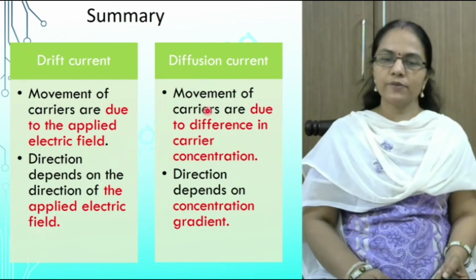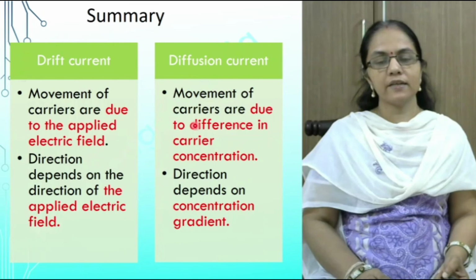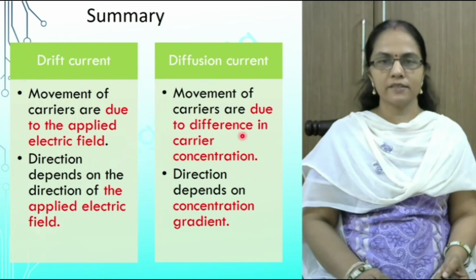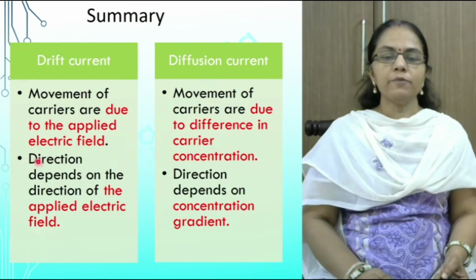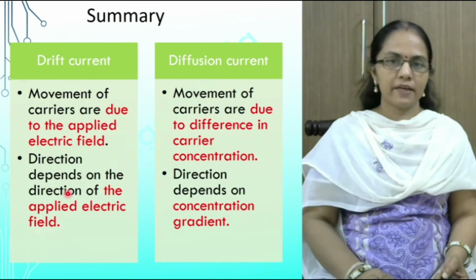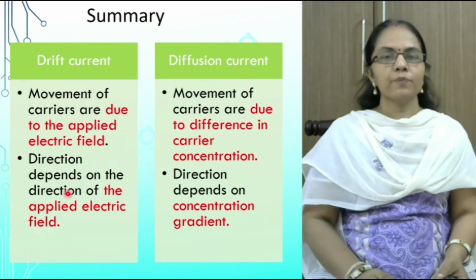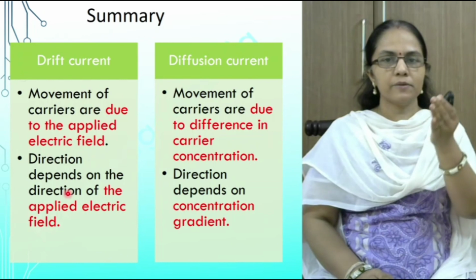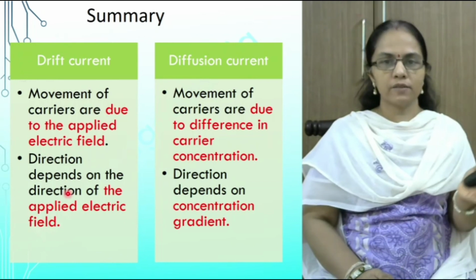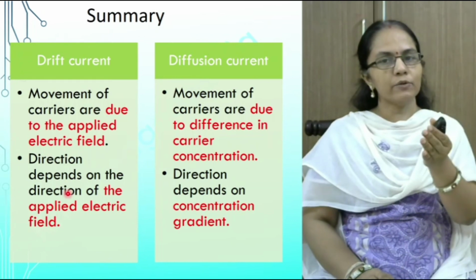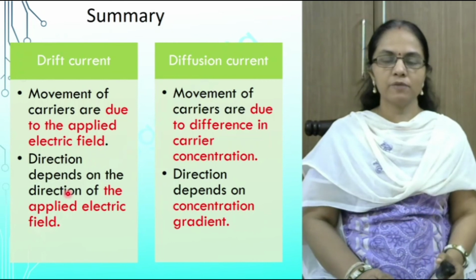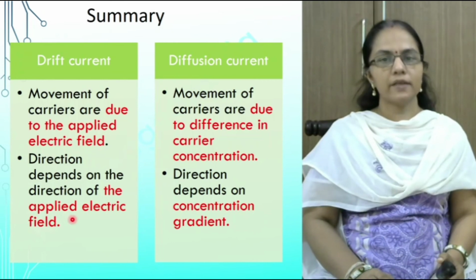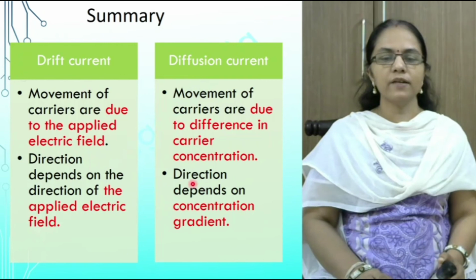In case of diffusion, the movement of carriers is due to the difference in carrier concentration. And drift current depends on the direction of the electric field. The electrons move towards the positive terminal and the holes move towards the negative terminal, so it depends on the direction of the applied electric field.